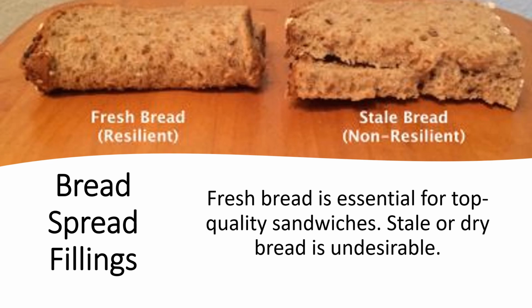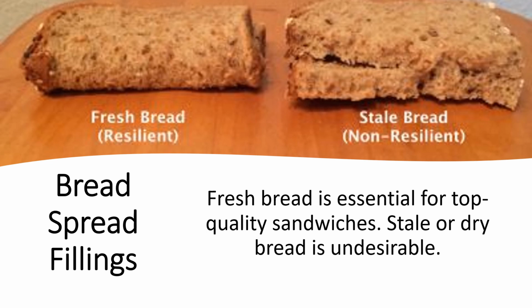Stale or dry bread is not desirable for sandwiches. So the following measures can be taken to ensure freshness. 1. Daily delivery or as frequent as possible, depending on your location. Bread stales rapidly, and day-old bread has lost much of its freshness. 2.